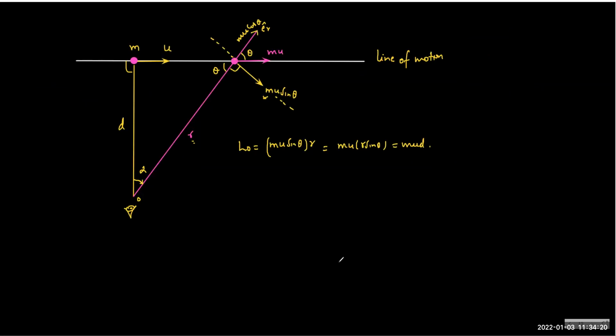Now let's talk about the direction. How to find the direction of angular momentum? It's very easy. Just look at the sense of rotation. As the particle moves towards the right, the line of observation, if you remember the phrase I used a while before, line of observation, correct?